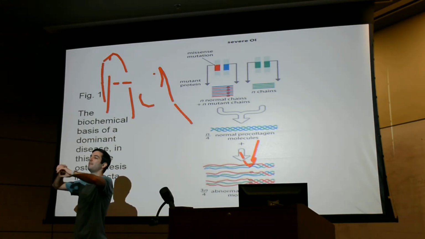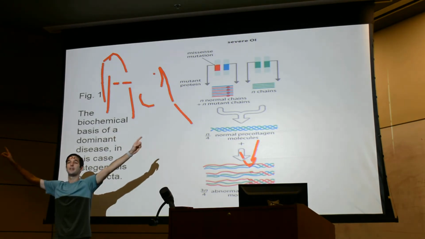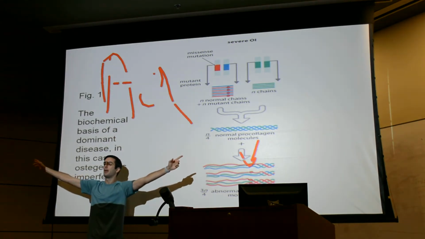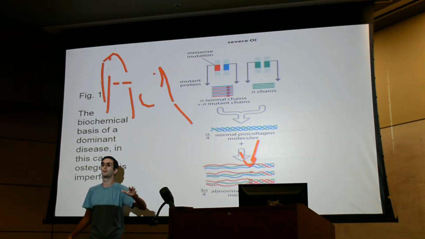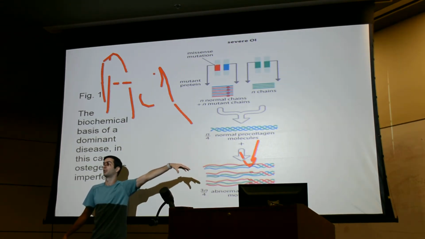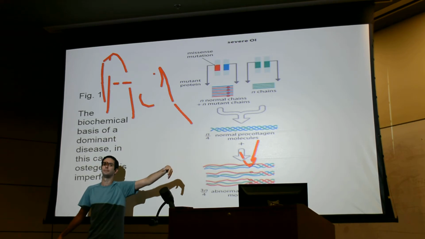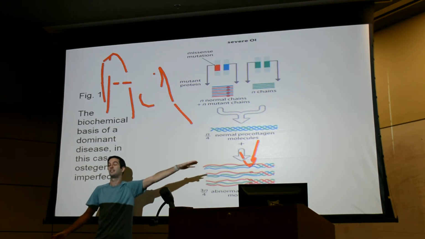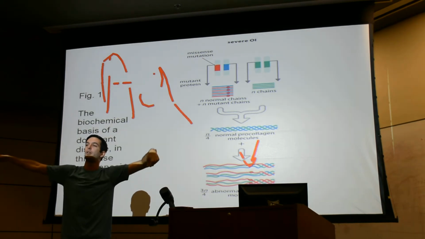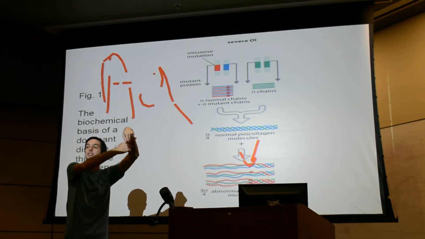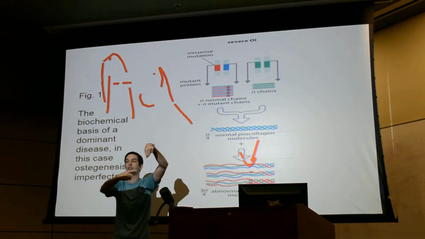Because I'm making a long polymer from individual subunits, but my source of half of those subunits is screwed up. Half of the subunits are coming from the bad allele, the big A in this case, because it's going to be dominant. The big A has the screwed up one, little a is the good one. Every time I make a subunit from the big A, it's not the proper structure.